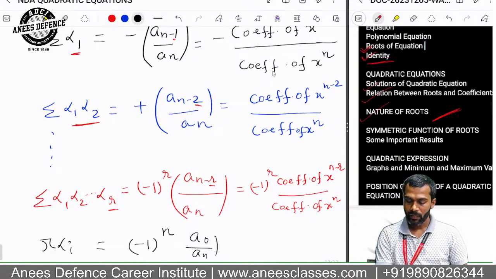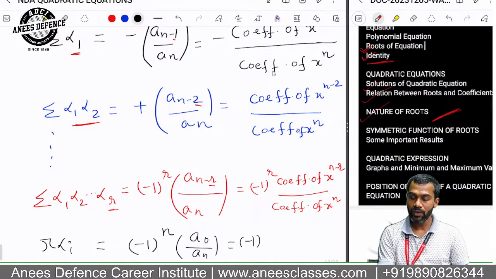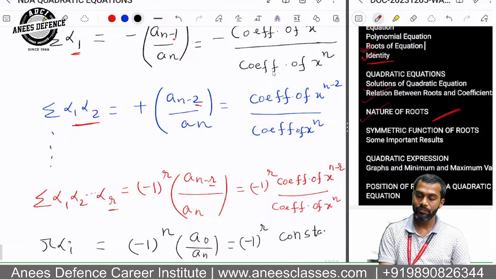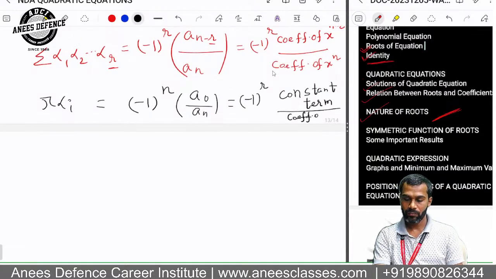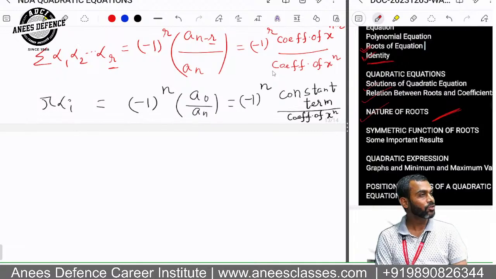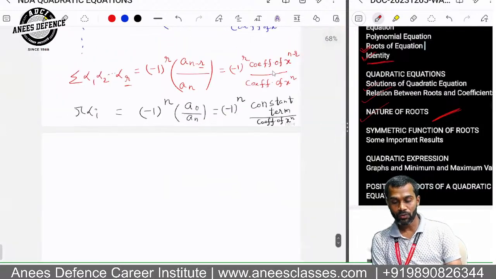Divided by, so that is equal to minus 1 raised to n, constant term divided by coefficient of x raised to n. Understood, everyone? Please note it down.